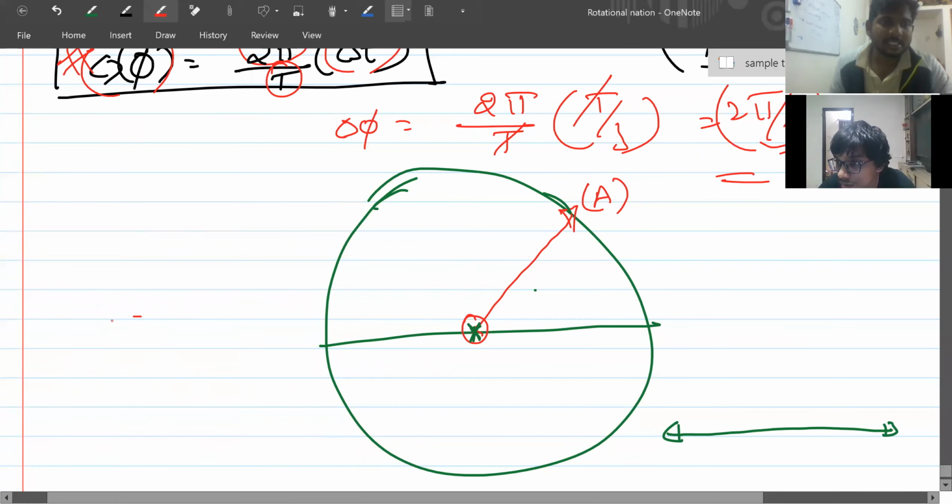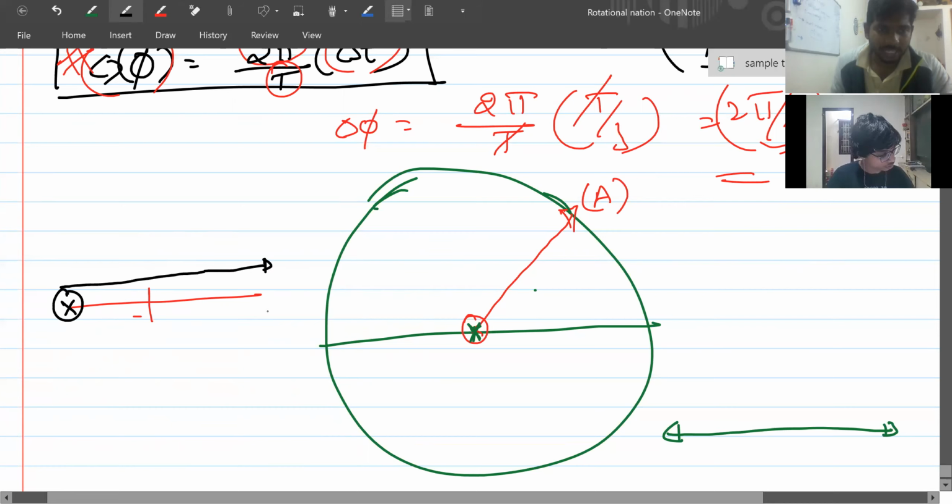That motion will be like this. Suppose a particle is executing simple harmonic motion. The particle will go from extreme to mean and mean to extreme, and again from extreme to mean again.